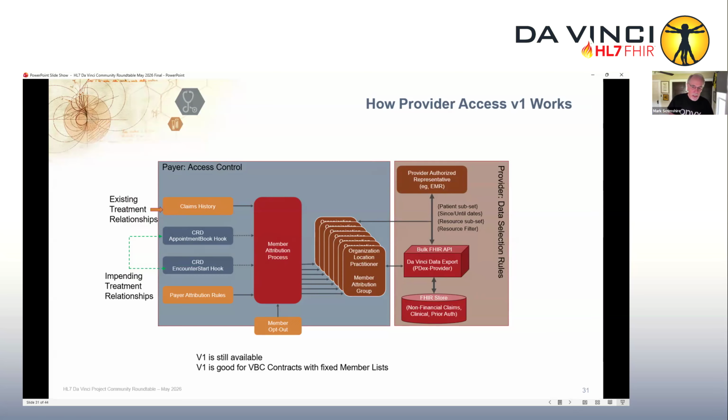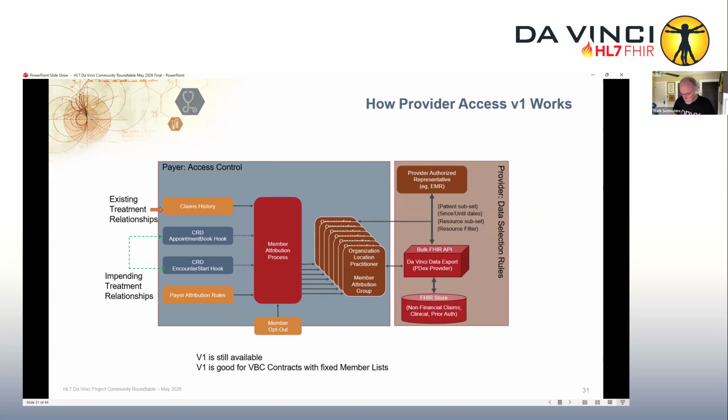Now, they would have to take into account the fact that the member can opt out. So they can provide effectively a negative consent. I do not want you sharing my data. And the plan would have to eliminate those people from the list, the group. And that forms a group resource in FHIR. And the provider would come along, do the query against that group, and retrieve the data that they wanted.